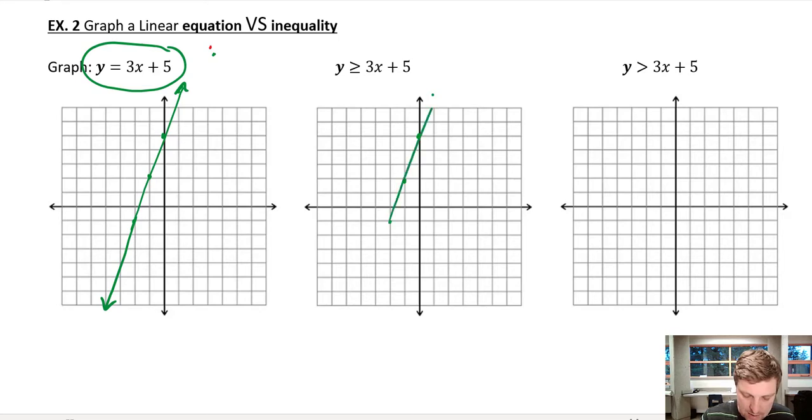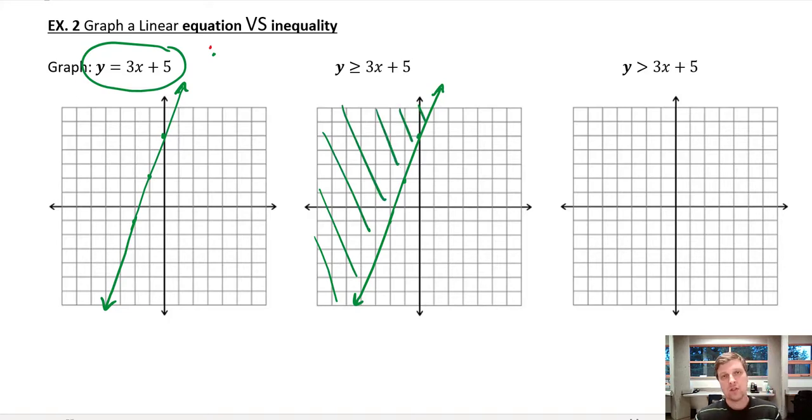And so I've got the same function that I had before. But what I'm trying to say is that actually it could be on this line. So y could be on this line, or it could be anything that's greater than that line, or anything that's above that. So in actual fact, I'm going to shade this whole area which is above the line. So the solution doesn't just have to be on that line. It could be on that line, or in fact, anything above it.